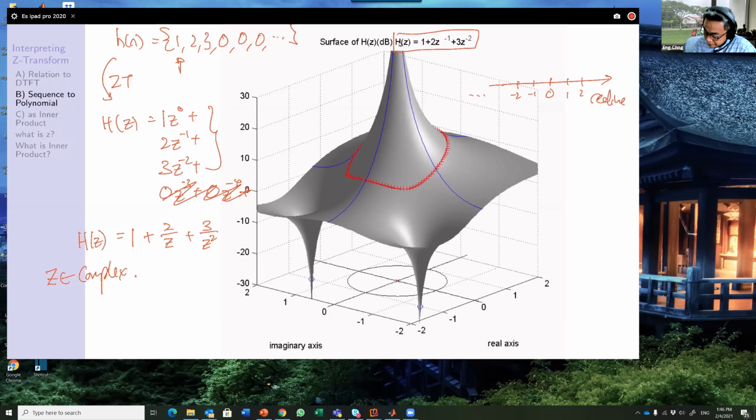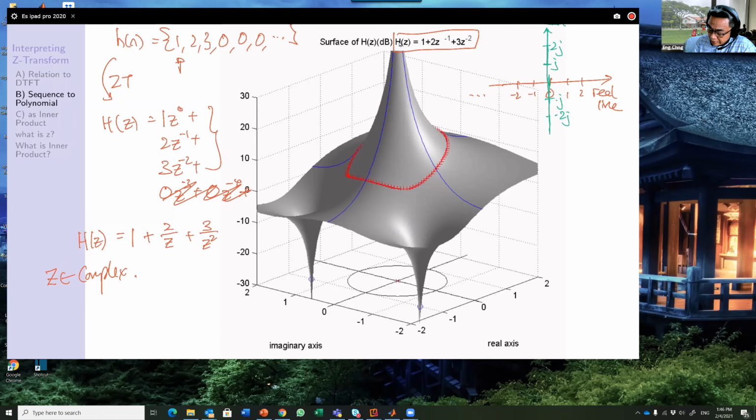So this is my real line. What about my imaginary line, guys? So along here, I will draw the imaginary line, which here will be j, 2j, and here will be minus j, minus 2j, and so on. This is the imaginary line.